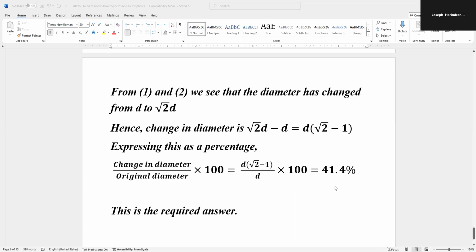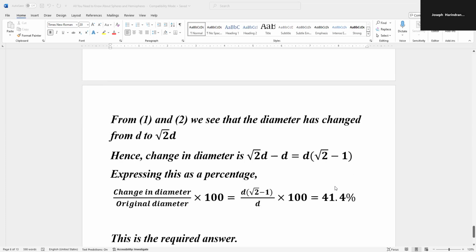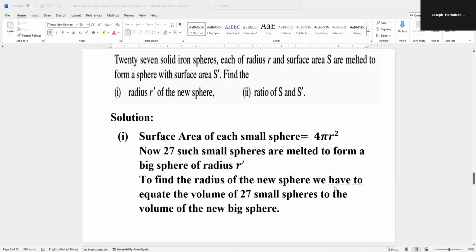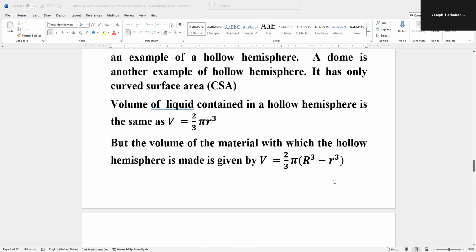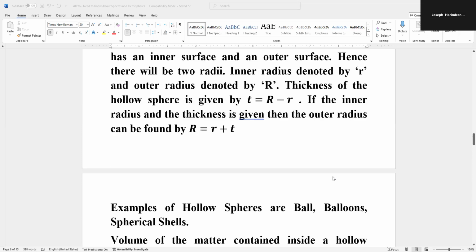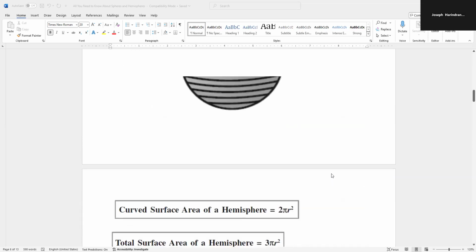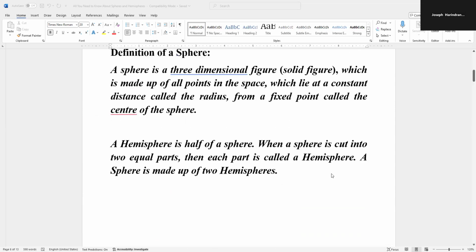And this is all you need to know about spheres and hemispheres. You have the formula. That's what we have seen. Let's go back and look at what we have seen. We have seen spheres, we have seen hemispheres, the definition of a sphere.